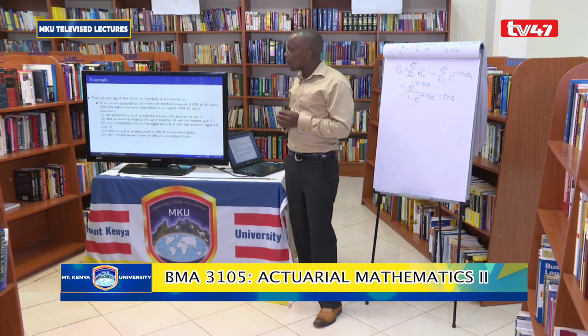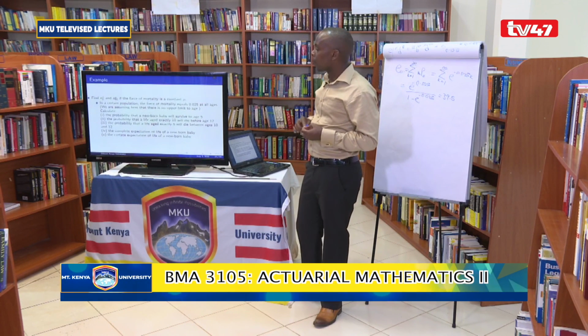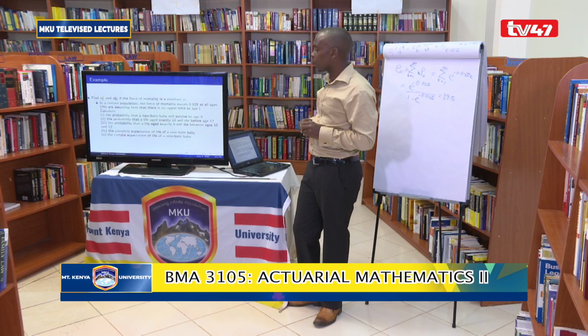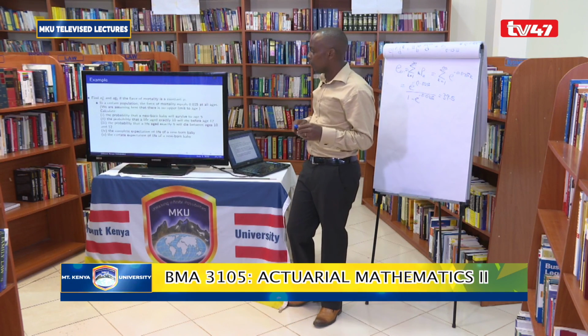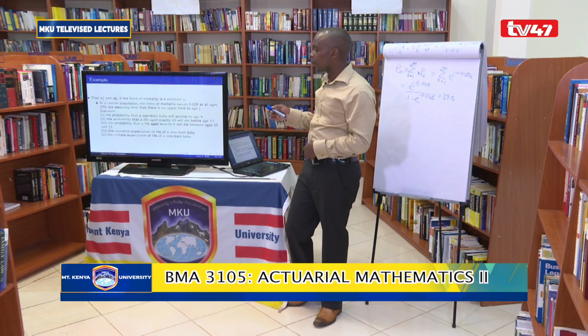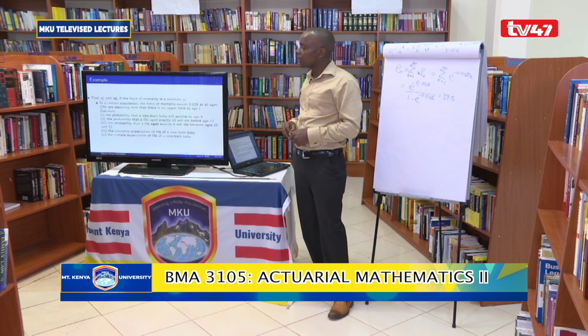So there are many more ways in which we can approximate probability of survival and the complete expectation of life based on various other assumptions. So this is simply a uniform distribution of death, as we'll be able to say in subsequent lectures.